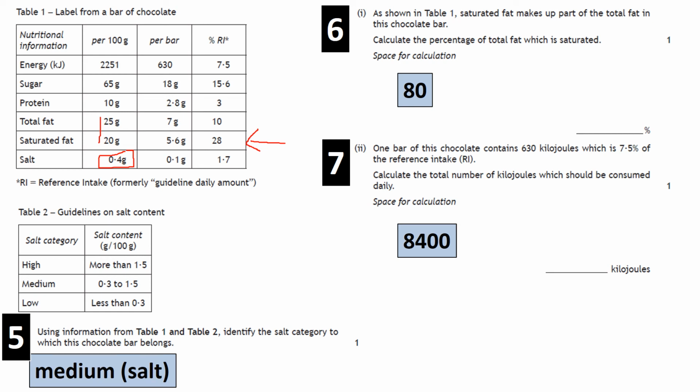So it's 630 divided by 7.5. Oh dear. 630 over 7.5. And that would give you 1%, and you want to get to 100%. So times 100, which gives you 8,400.